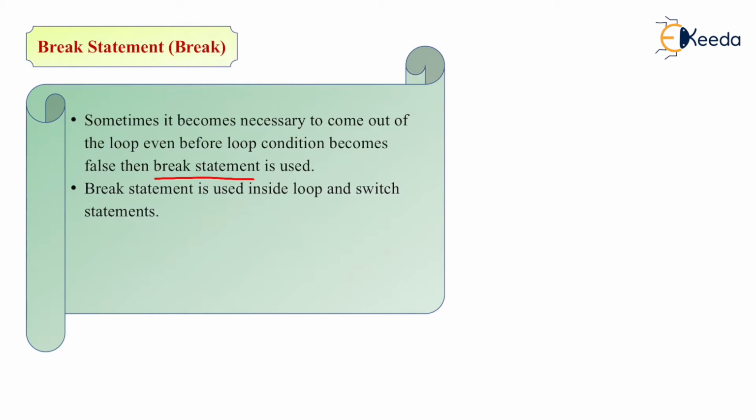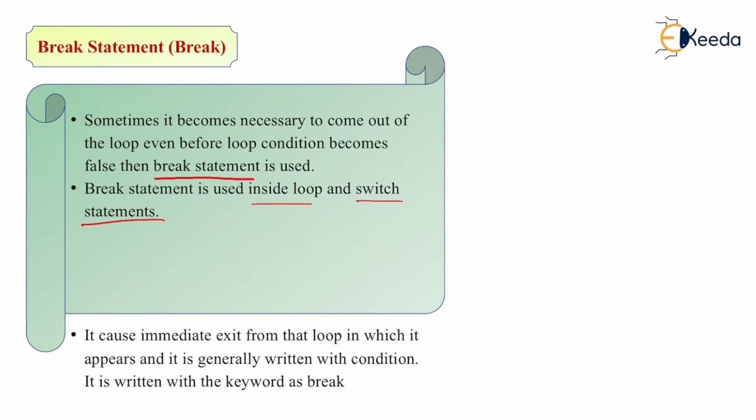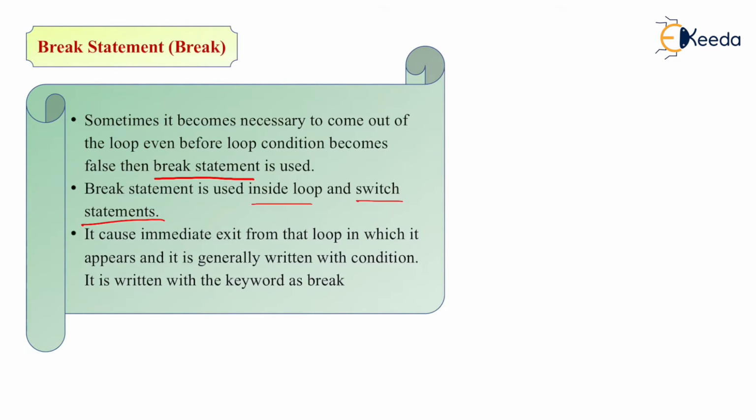The break statement is used inside the loop and in the switch statement. It causes immediate exit from the loop in which it appears, and it is generally written with a condition. The keyword for the break statement is break, in small case.